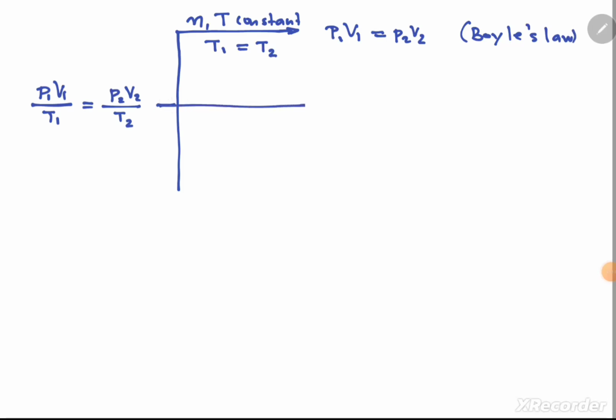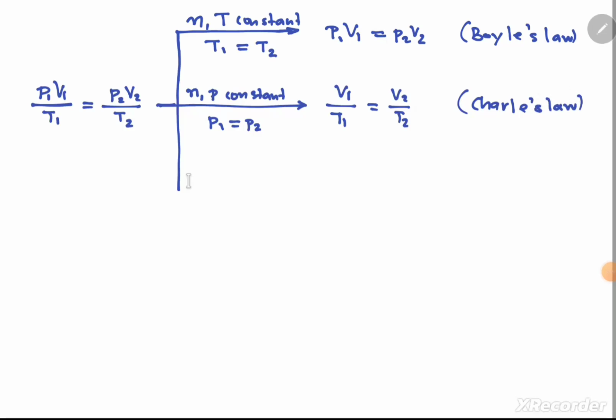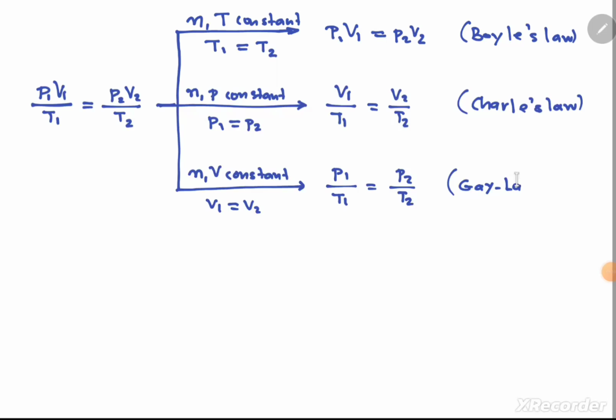Second case: we have the number of moles and the pressure constant, and the new equation is the equation of Charles' law. In the third case, we have the number of moles and volume constant, and we have the new equation, which is known as Gay-Lussac's law.